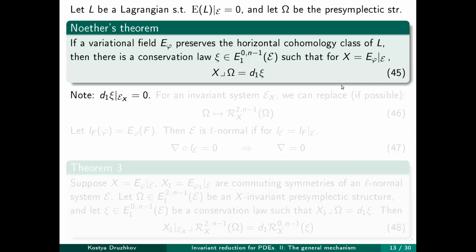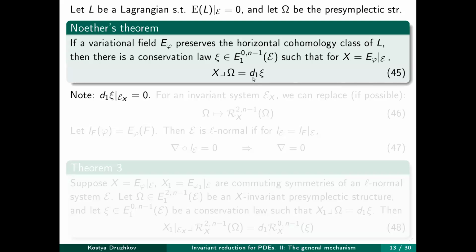So basically, the Noether theorem just describes the presymplectic structure and the relation between symmetries and conservation laws given by the presymplectic structure. But it also tells us how to figure out whether a symmetry generates a conservation law or not.